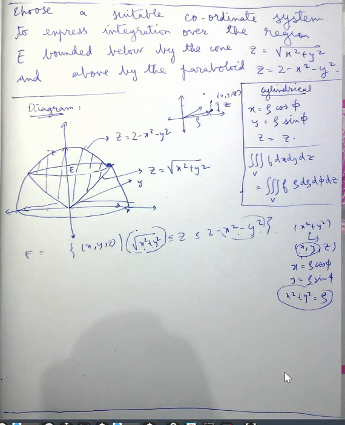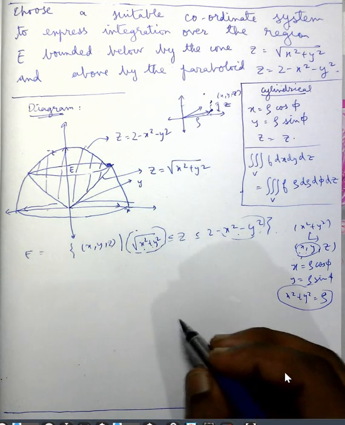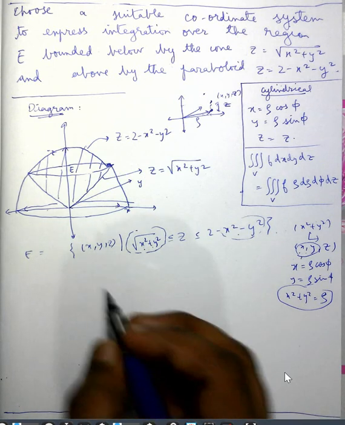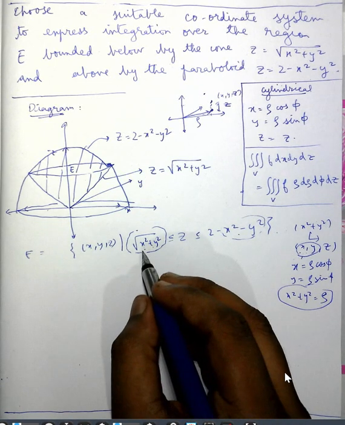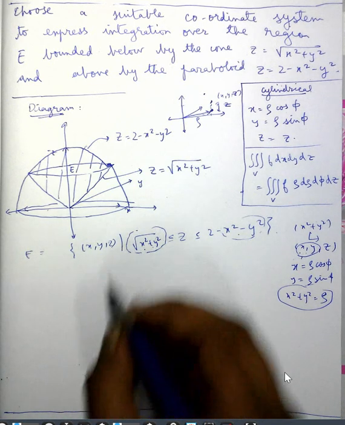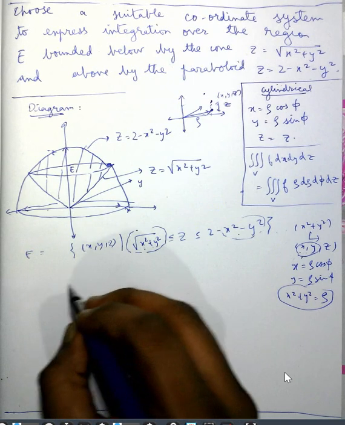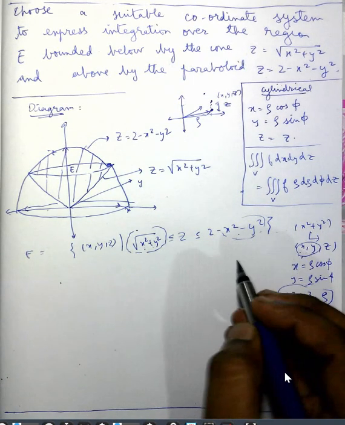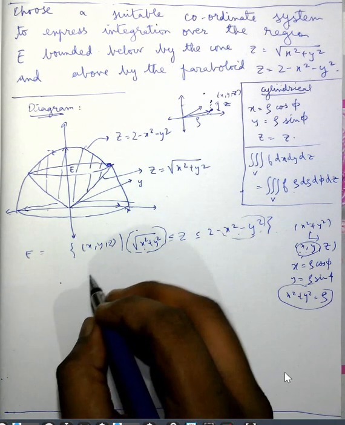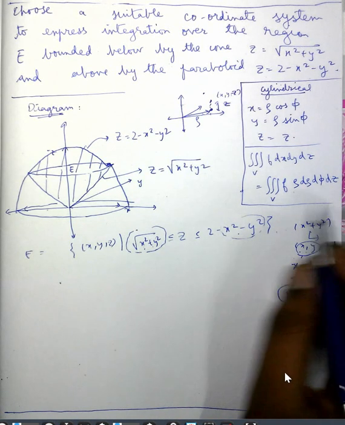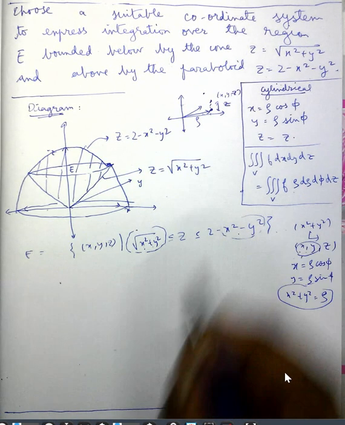So now the main question is, how do you express E in terms of cylindrical coordinates? You want to express in terms of d rho, d phi and dz. That means we want to express z in terms of rho and phi.